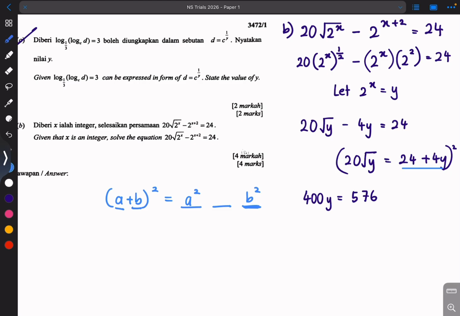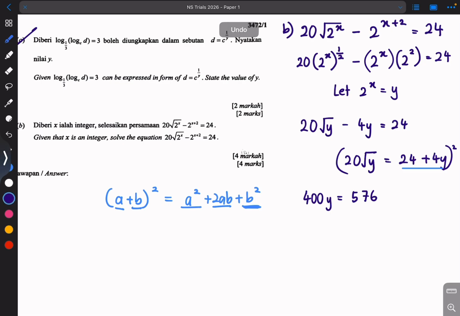So it will become 2ab, also positive. So in this case, we have this squared, so we'll get three terms. The first term is 24 squared. The last term would be 4y squared. So 4y squared will be 16y squared.